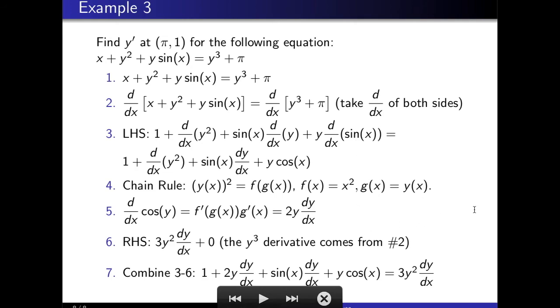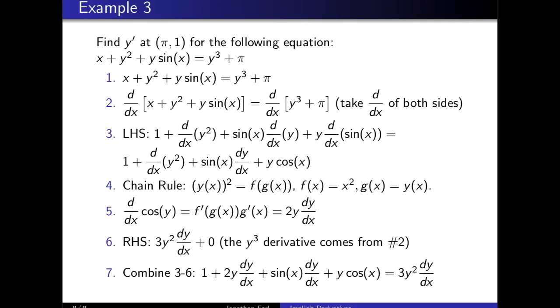Okay, and then over on the right-hand side, we could pretty easily find from our chain rule, and in fact we already did find the derivative of y cubed, we get a derivative of 3y squared dy by dx. So again, remember a simple guideline: whenever you're taking the derivative of something that has a y in it, you're always going to get a dy by dx, and if you don't, you've done something wrong.